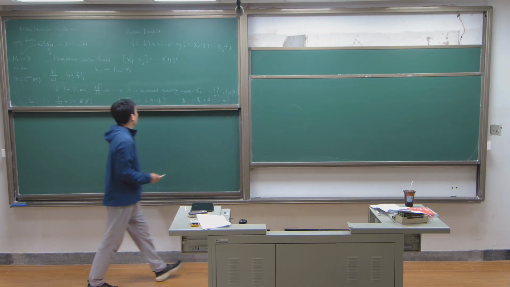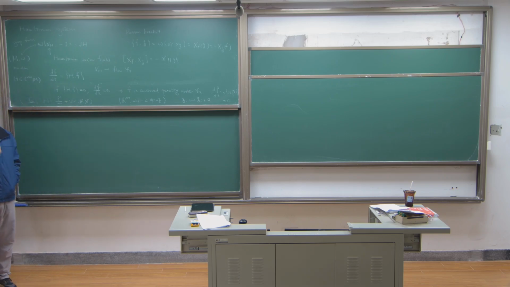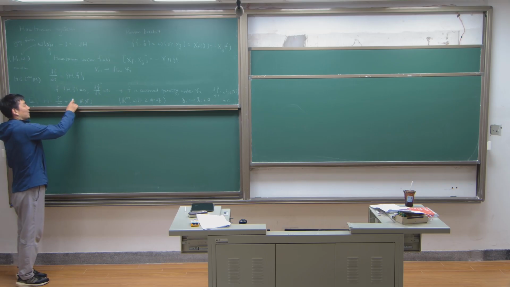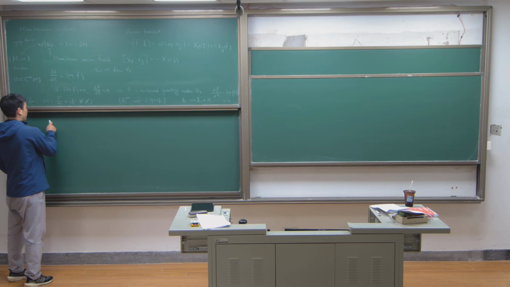Okay. How about here? It's a spherical symmetry, rotational symmetry. What is the conserved quantity? Spherical symmetry means the system is independent of theta and phi. What is the conserved quantity? Yes, angular momentum.